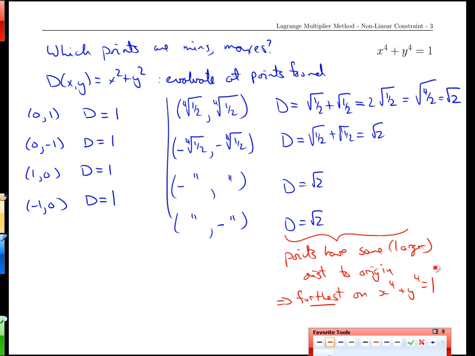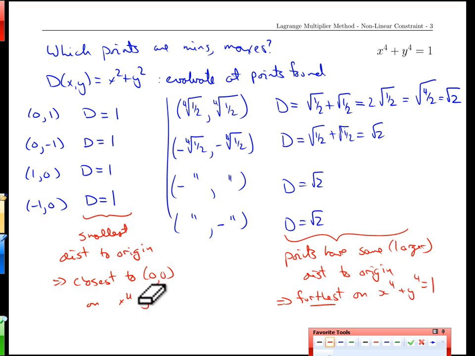That's our constraint. These ones have the smallest distance to the origin. And so that means that they would be the points that are closest to the origin if we consider only those points on x to the 4th plus y to the 4th equals 1.